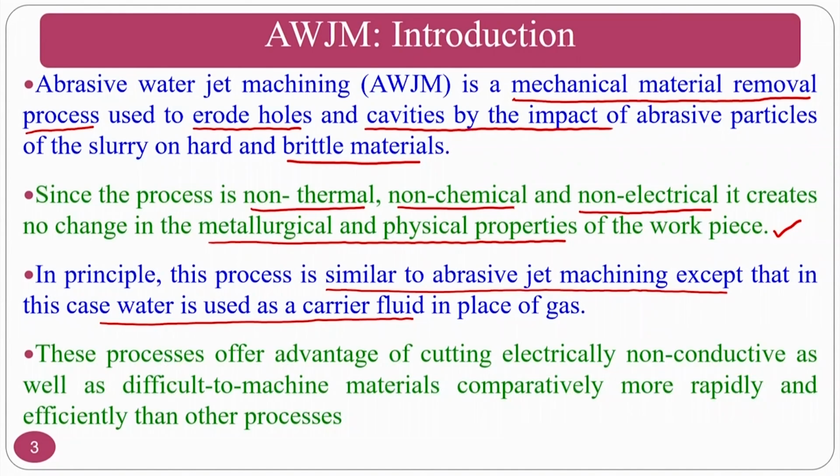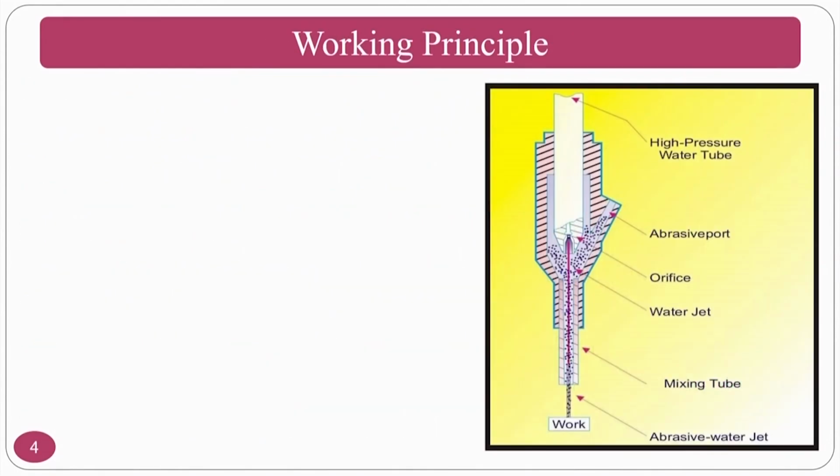That means if I want to cut electrically non-conductive samples by EDM, it is not possible, and if the materials are difficult to machine, that is very hard or very brittle, it is very difficult to cut them using EDM and other processes, but you can cut them using the abrasive water jet machining process.